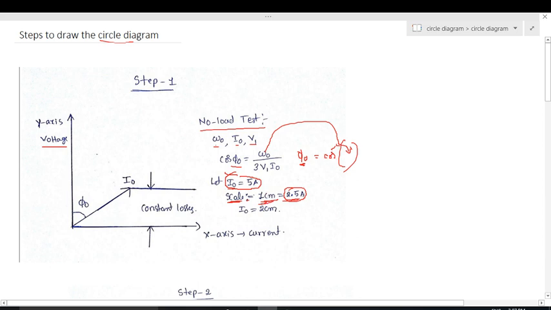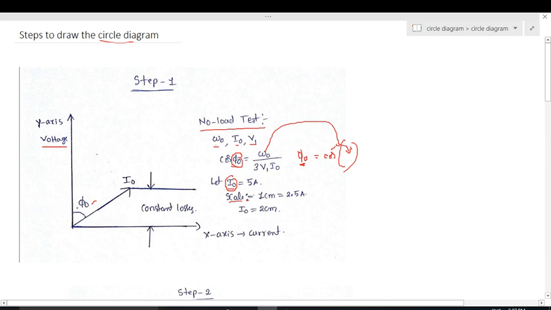And then 5 amps is equal to how many centimeters? 2 centimeters. So by knowing these two data, I naught and phi naught, we should draw this.